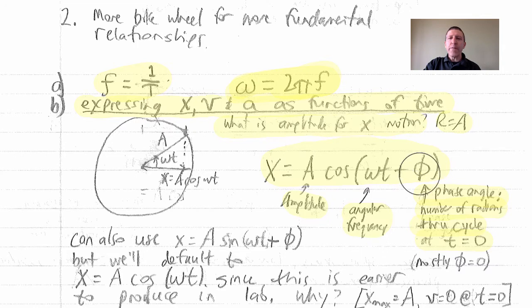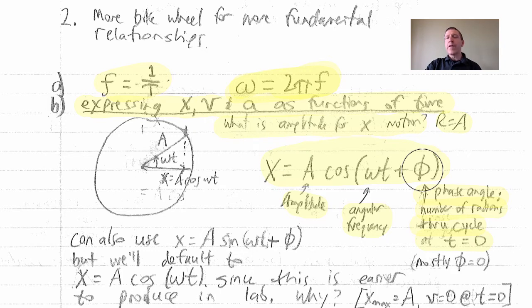So in other words, if phi was 0, it starts at the beginning of the cycle at x equals A. I'll explain that in a minute. If this phi is pi, that means it's halfway through the cycle at t equals 0.